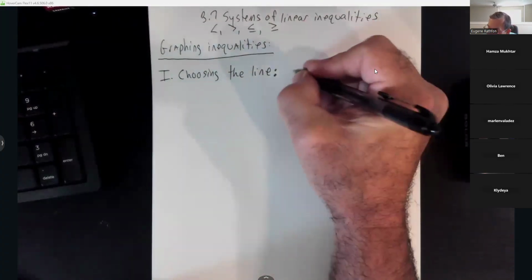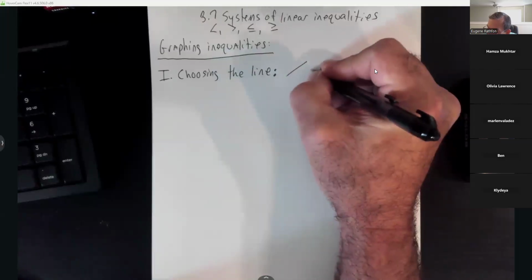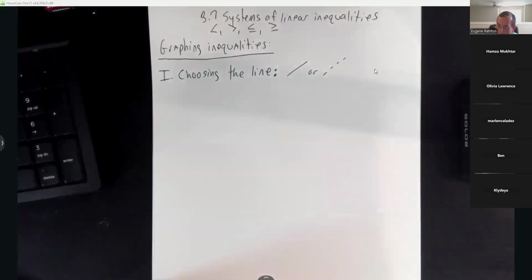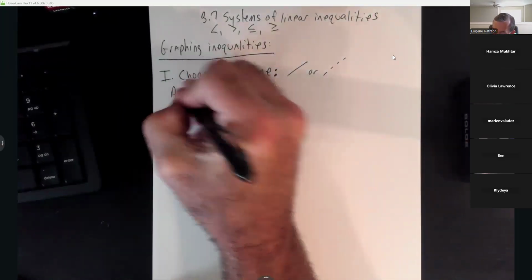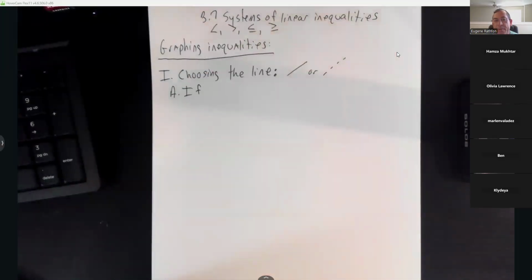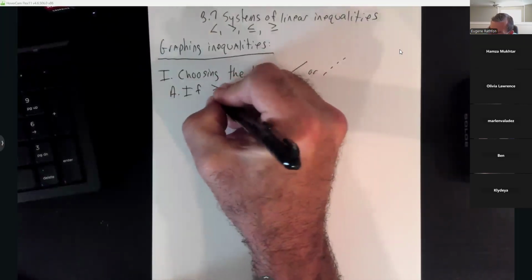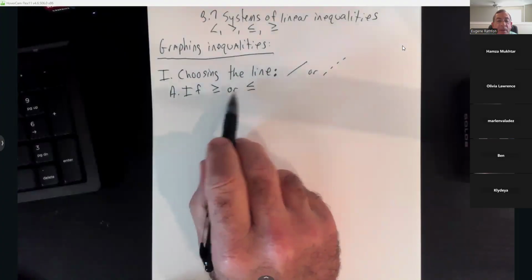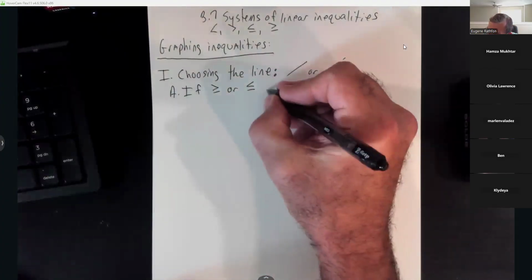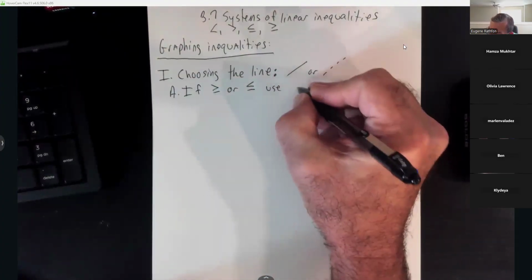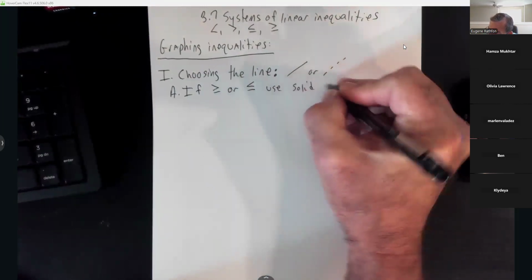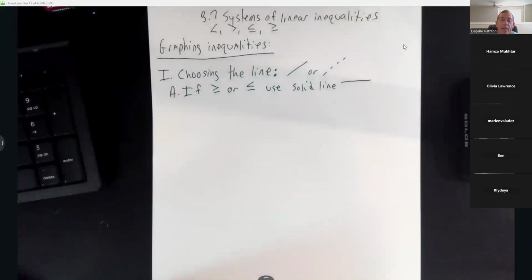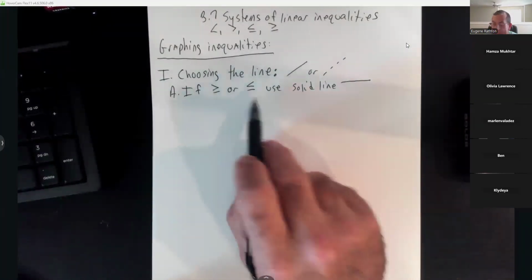Okay, y'all, like I said, it'll be either solid or dashed. If your inequality has equals in it, if it's less than or equal, greater than or equal, then we're going to use a solid line, because that means any point on that line makes this true.